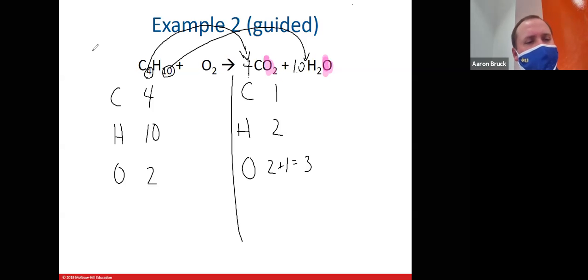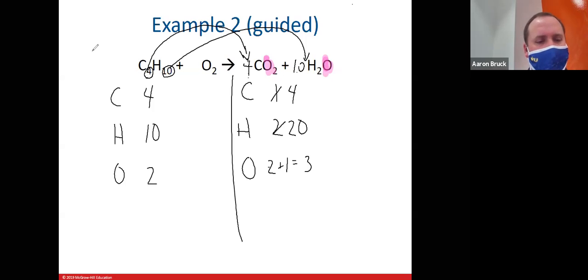So if we do that, I now have 4 carbons, because 4 times 1 carbon in carbon dioxide is 4. I now have 20 hydrogens.